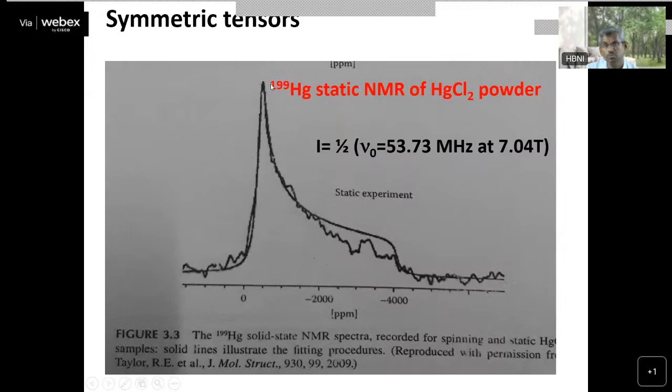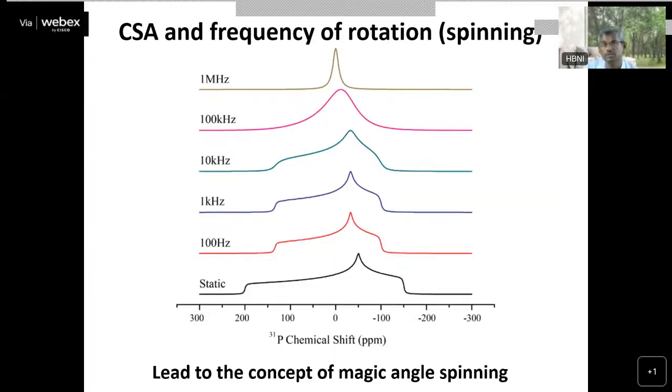So sigma 11 is equal to sigma 22, and this is sigma 33. This is a spin half nucleus. In solid state, we get a spectrum like this, so you can get information about sigma, and hence the electron density distribution around mercury.